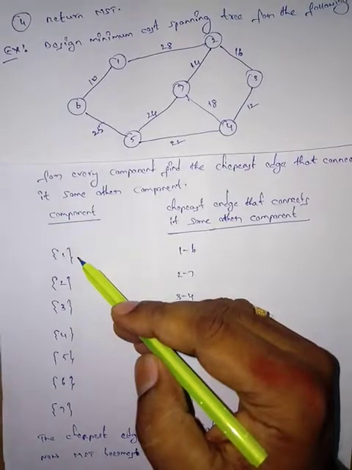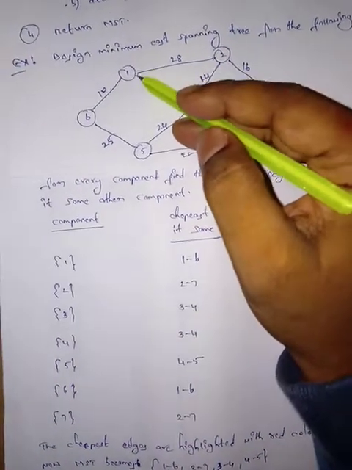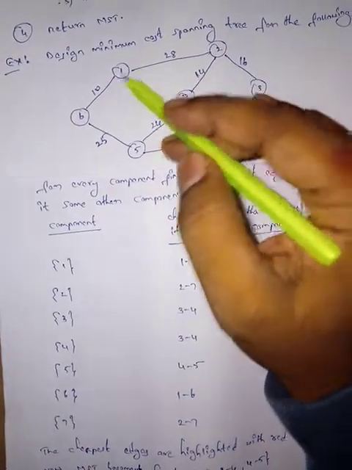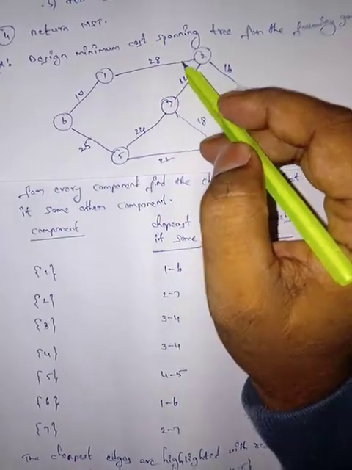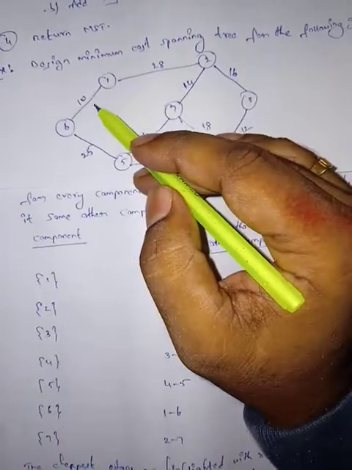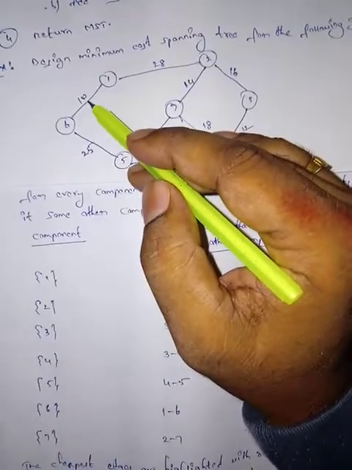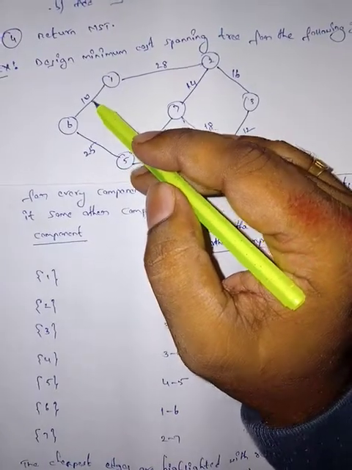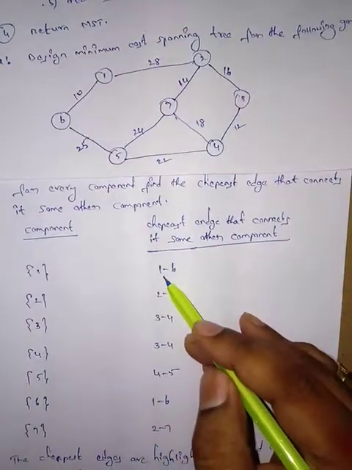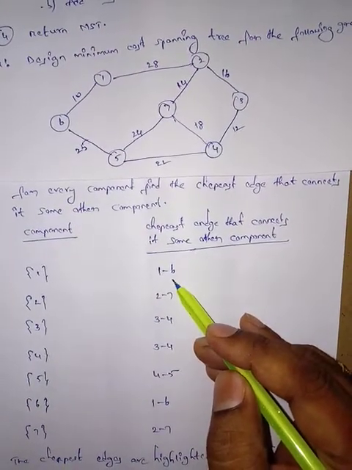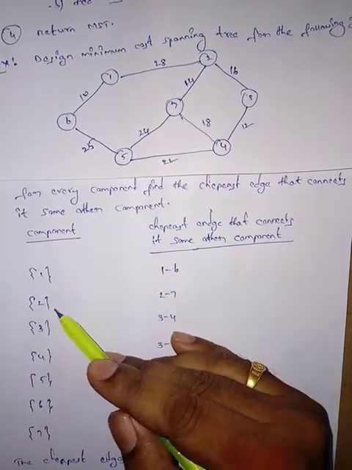The first component is 1. For vertex 1 we have 2 edges, this one and the second one. Out of these 2 edges, this edge has the minimum cost, so I selected this one, 1 to 6. The next component is 2.